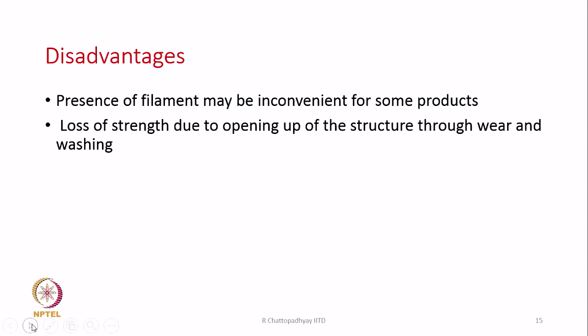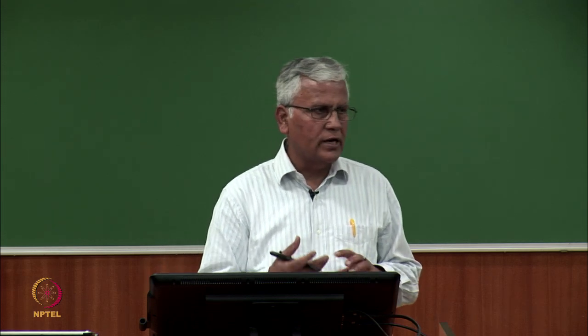Loss of strength due to opening up of the structure through wear and tear and washing. Repeated washing can cause the structure to become loosened, because 90%, 95% of the fibers are core fibers, and there is no interlocking mechanism to hold the fibers together other than the filament.